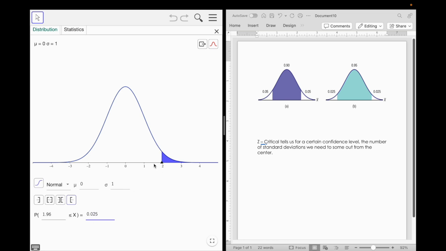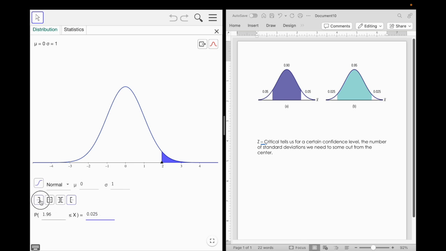So as you see, instead of coming out to 1.64, we came out further because there's 95% in the middle now. So 0.025 is for this side, and now we should get the same exact thing, just negative, when I do the left side. So 1.96 standard deviations to come out this way for 95% confidence interval.